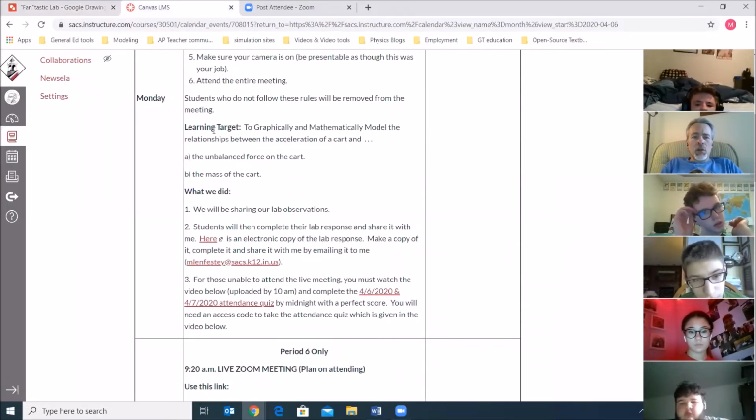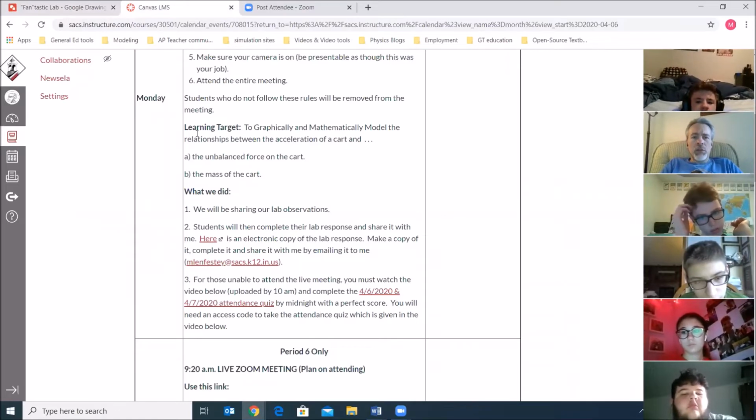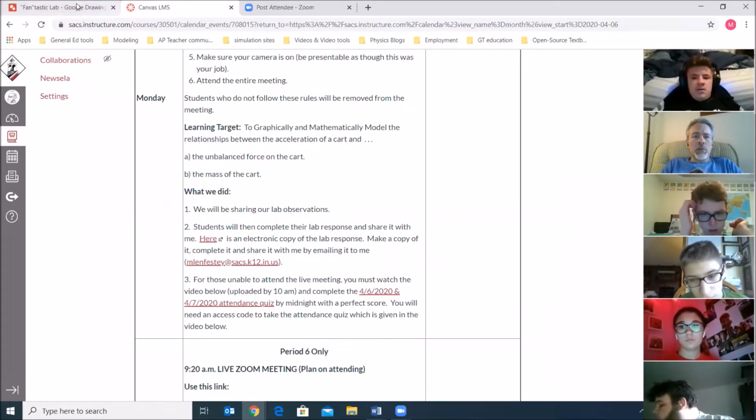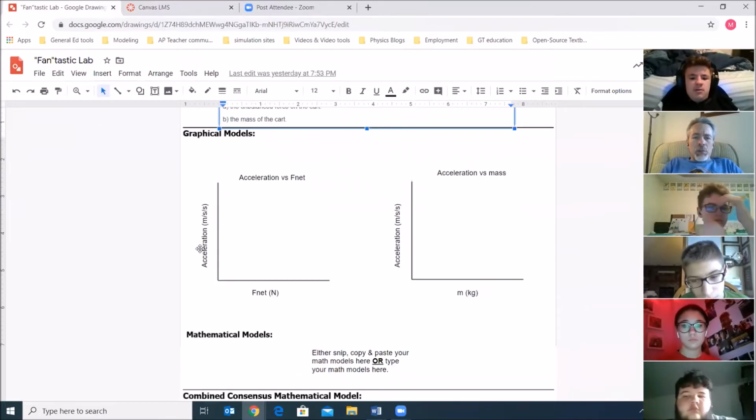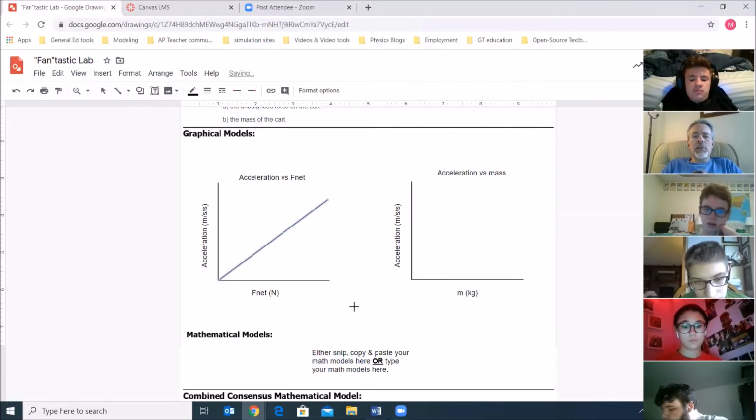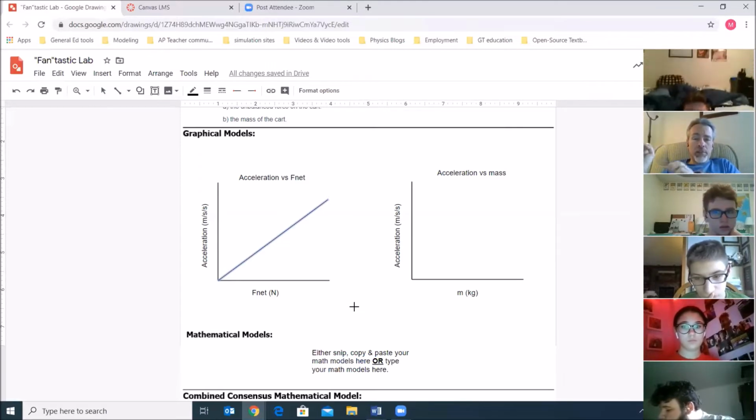No, it's also right here, learning target. So that's right there. Now for the relationship, it looked to me like the consensus was it was a linear relationship. So you could either sketch on here that nice direct relationship, or you could go ahead and go to your data and just simply take a snapshot and paste it on here.